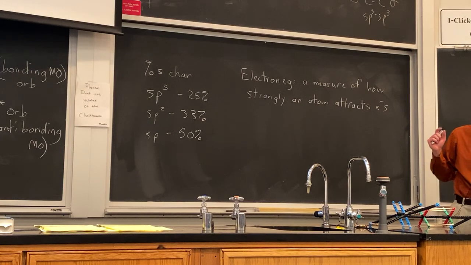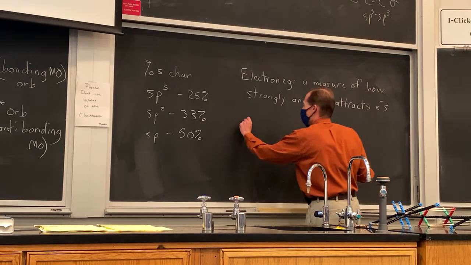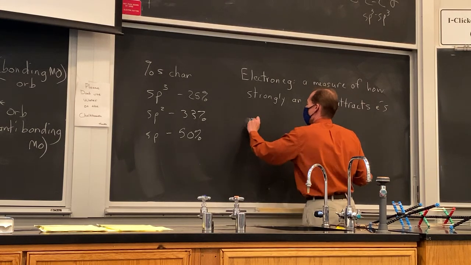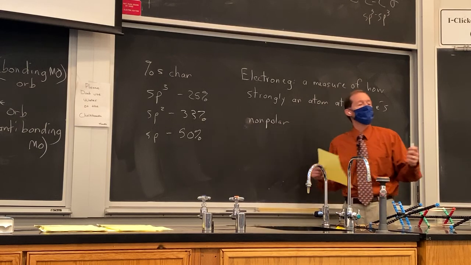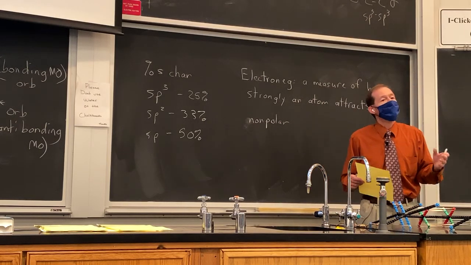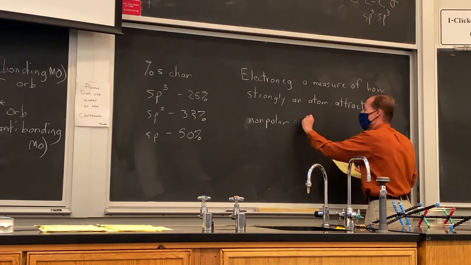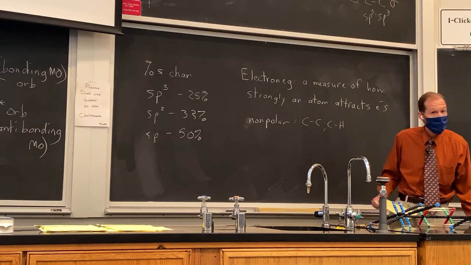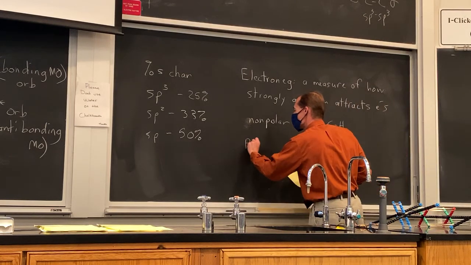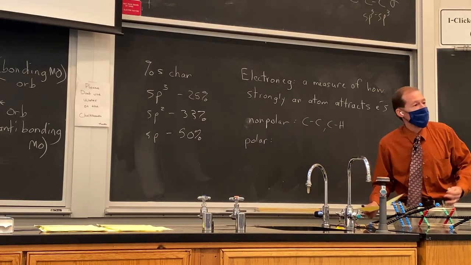Now, we have 2 types of covalent bonds in organic chemistry. We have nonpolar. Nonpolar bonds are formed between atoms of equal or almost equal electronegativity. In organic chemistry, those will be our carbon-carbon and our carbon-hydrogen bonds. Polar bonds are formed between atoms of sufficiently different electronegativity.